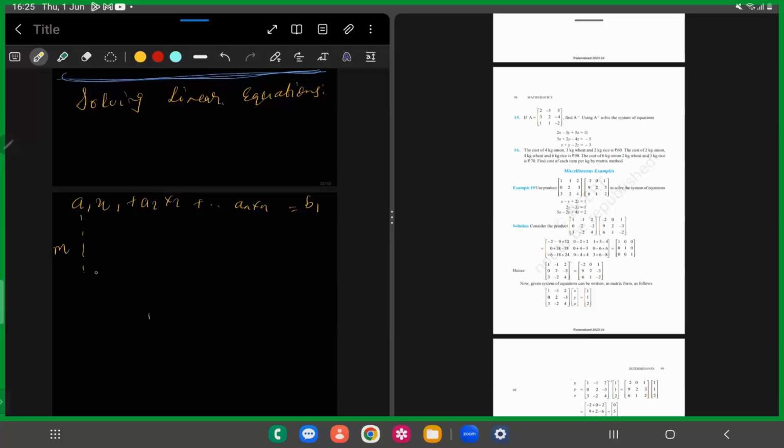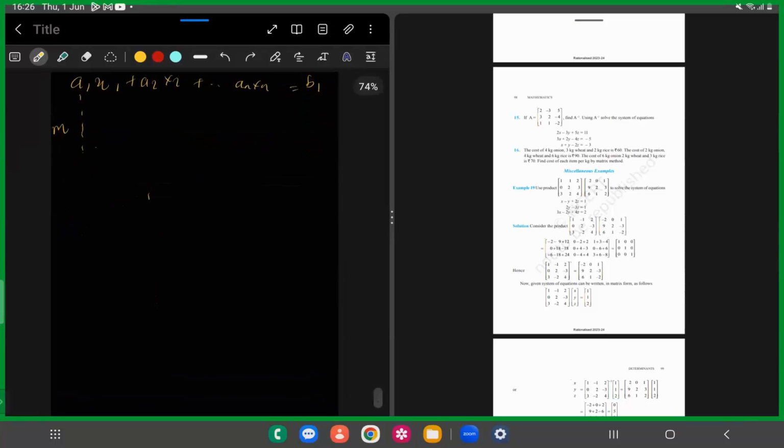For simplicity, to differentiate the variables, let's say this is a11, a12, up to a1n, and in the final mth row our terms would be am1 x1 plus am2 x2 plus up to amn xn is equal to bm.